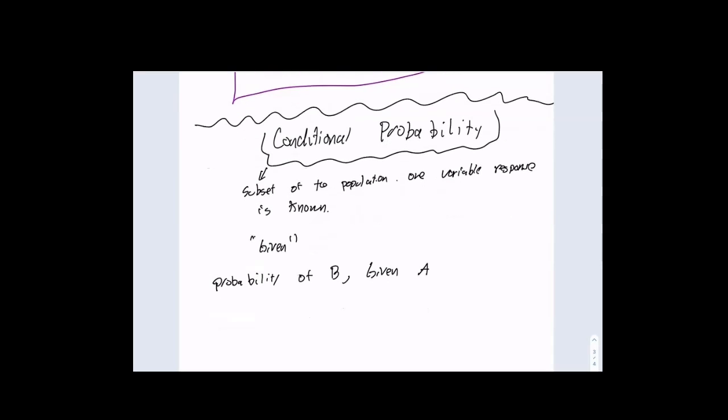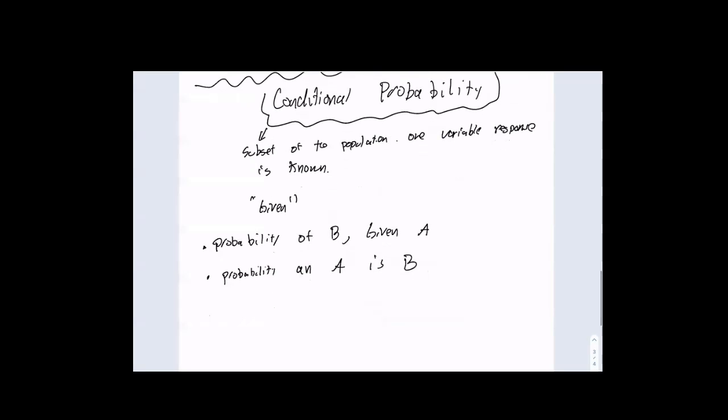Now, I could also state this as the probability that, given A, it is B. So there's different wordings. I know that they're A. And I'm asking, what is the chance that this A is B?